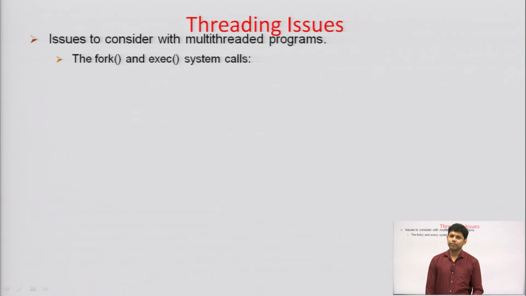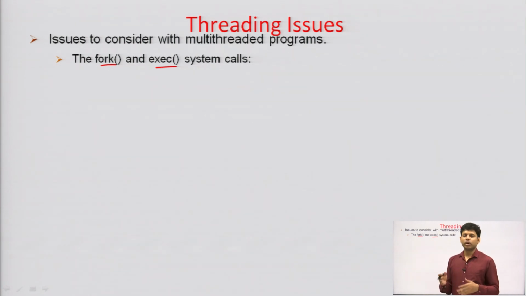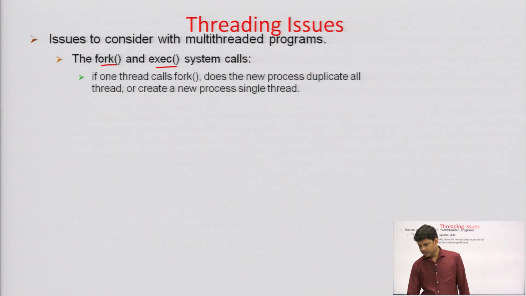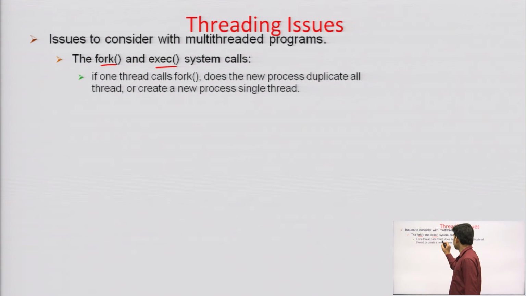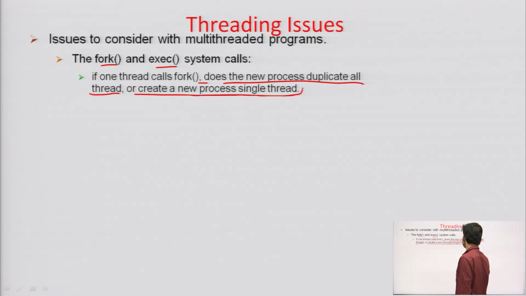I am not going to discuss all the issues, but these are the very basic ones. Whenever a programmer calls the fork function or exec function, what does the fork function do? Fork just creates or duplicates the process. So if one thread calls fork, does the new process duplicate all the threads or create a new process with a single thread?